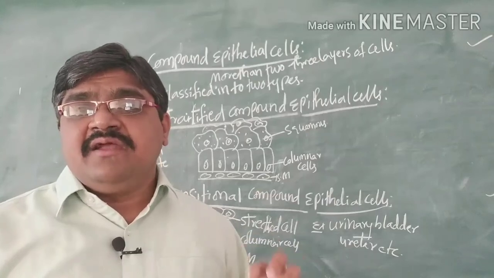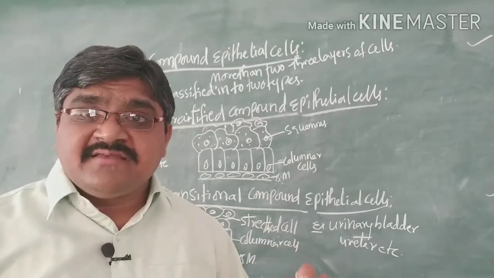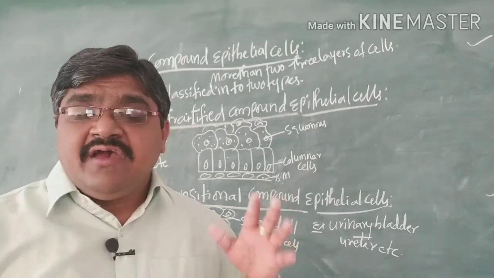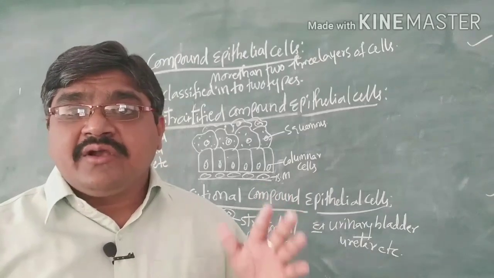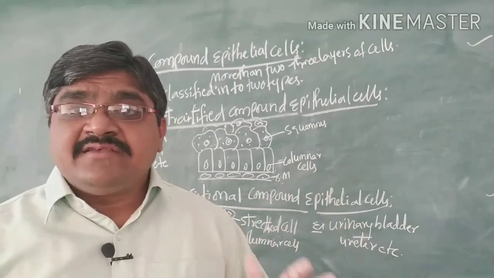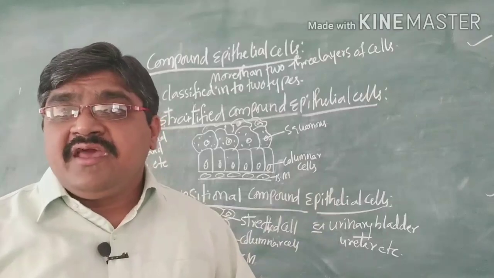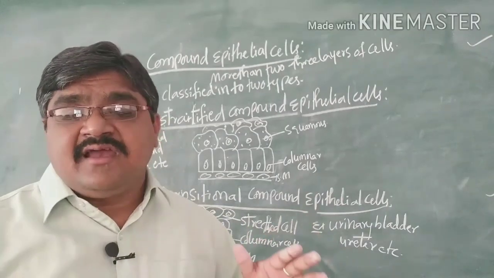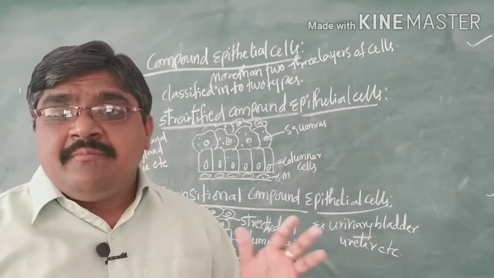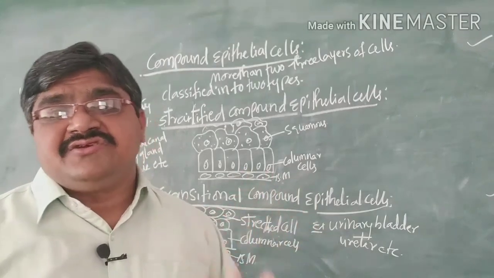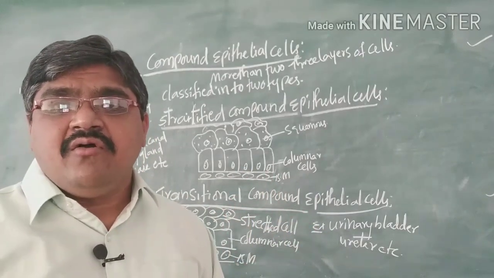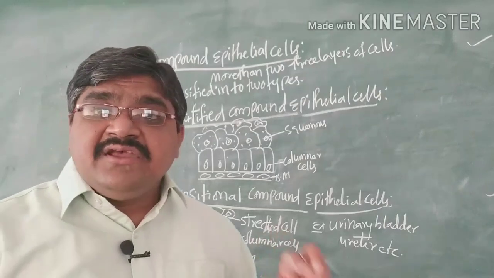That means blood supply is not directly available, but mitosis occurs. Continuous mitotic cell divisions take place throughout their life, where damaged or injured cells are replaced by regeneration. So this is the topic of epithelial cells.